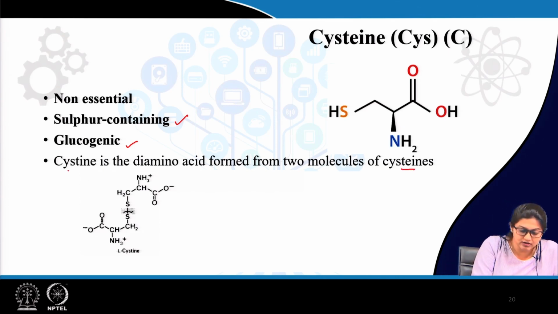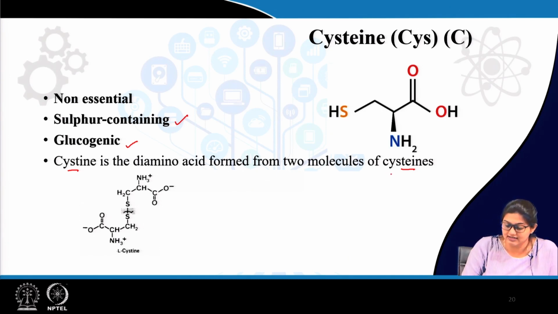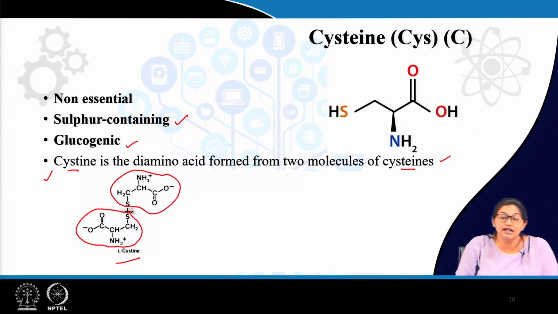Once again, concentrate on the spelling. C-Y-S-T-E-I-N-E is the single amino acid, whereas cystine is the diamino acid. So, here you can see one molecule of cysteine and another molecule of cysteine. They both form together cystine, the diamino acid.